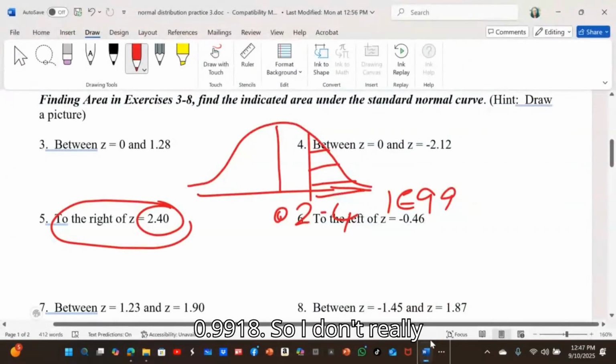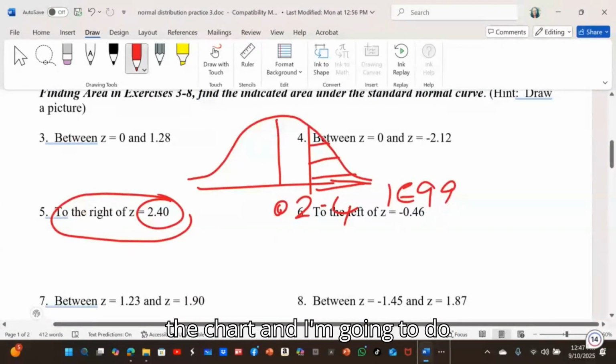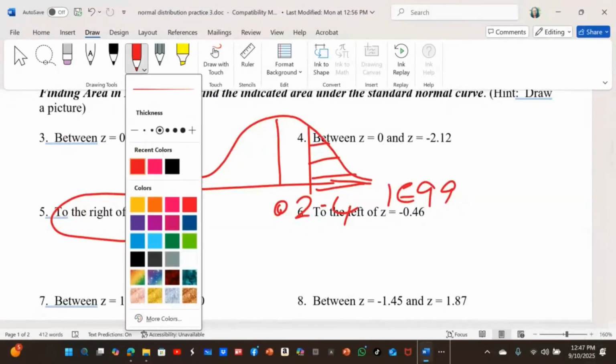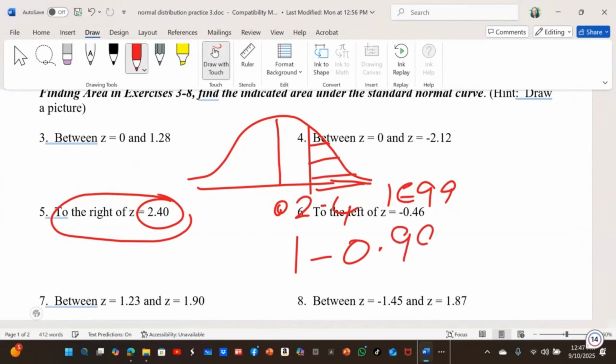So I don't really need a calculator or chart, but I read the chart already. So I read the chart, and I'm going to do 1, the total area under the normal curve, minus 0.9918.